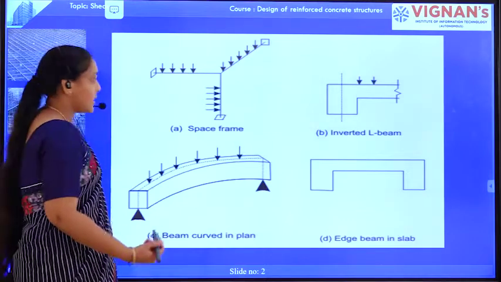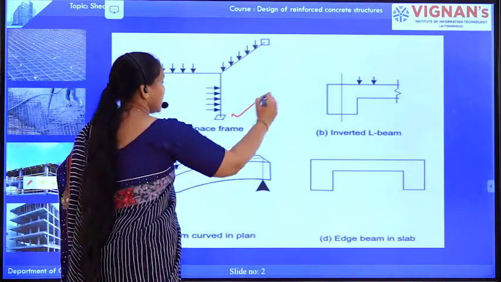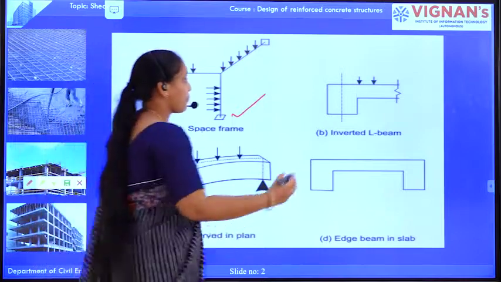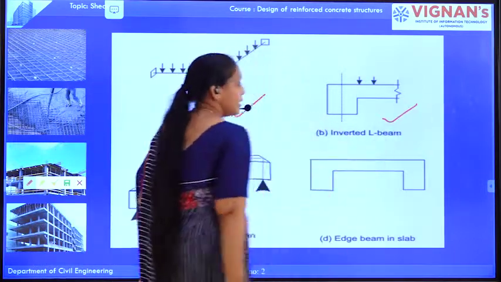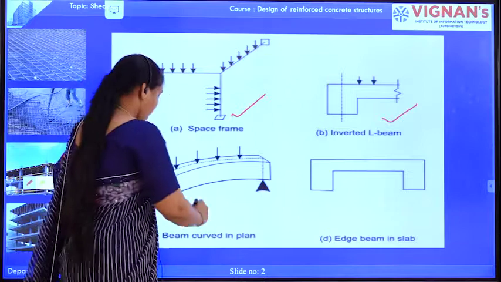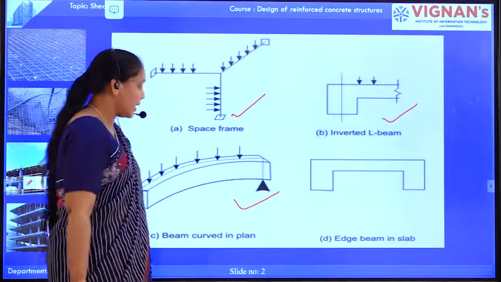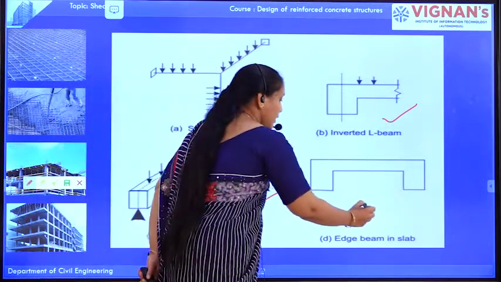So these are the figures: the spaced frames, the inverted L beams, beams which are curved in plan, and the edge beams in slab.